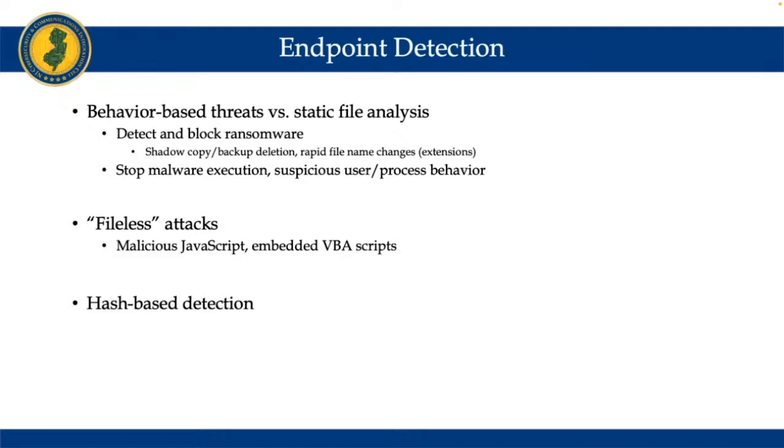I like to give an example using PowerShell. So the PowerShell executable, this is a Microsoft executable. It's built into pretty much every modern version of Windows. And this executable is a known good executable, right?